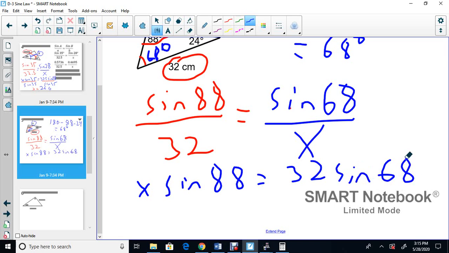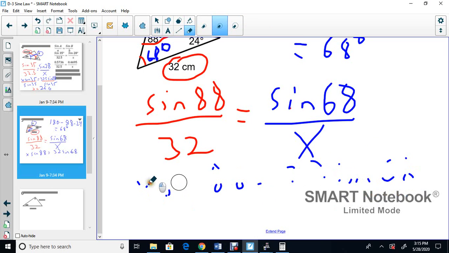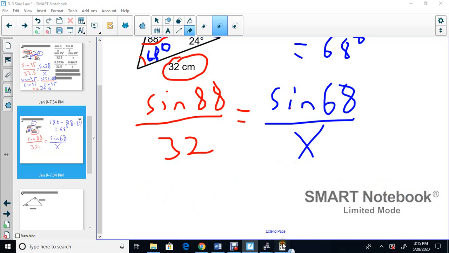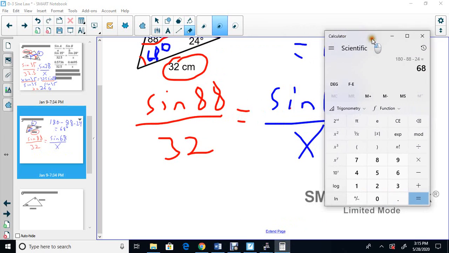And we follow the same steps. Now, maybe I'll do this one the other way, and then you guys do whichever way you want. What I'll do is actually calculate those sines. I'm going to use this calculator and calculate a little bit differently, so you see a different way to do it.